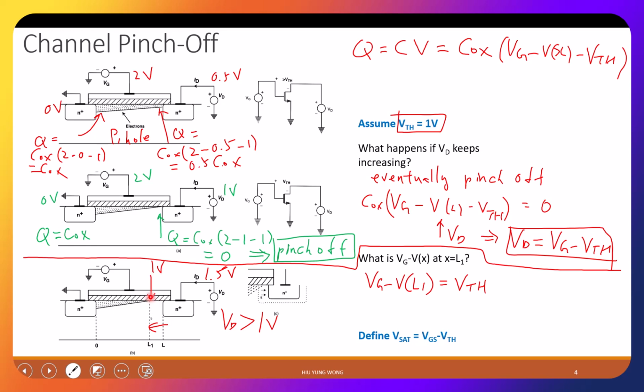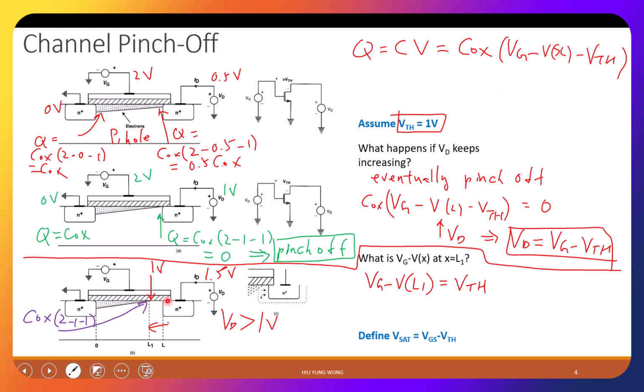And at this point, you just pinch off because, again, based on the equation we have learned, this point is Cox times (2 minus 1 minus 1), because it's Vg, which is 2, minus, at this point, just 1 volt, and then minus the threshold voltage.